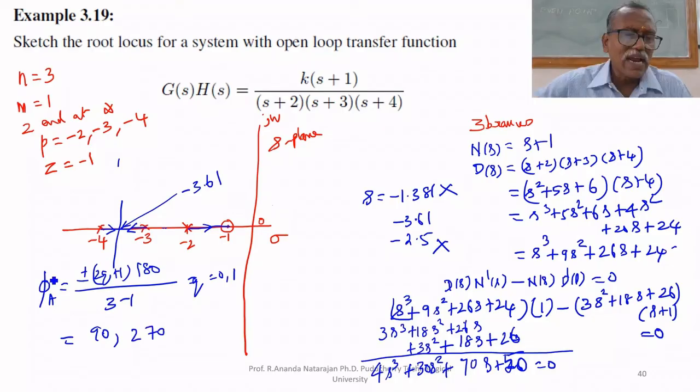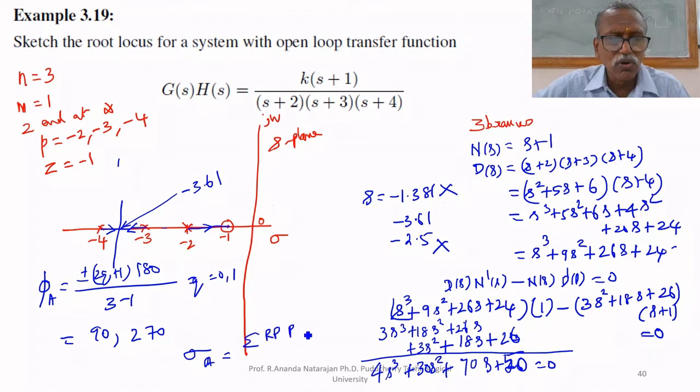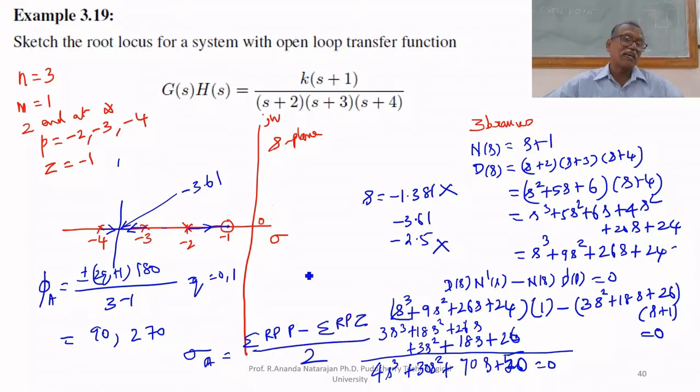What is sigma A? Sigma A equals the sum of real parts of poles minus the sum of real parts of zeros, divided by n minus m, that is 2. Real parts of poles: minus 3 plus minus 2 plus minus 4 equals minus 9.